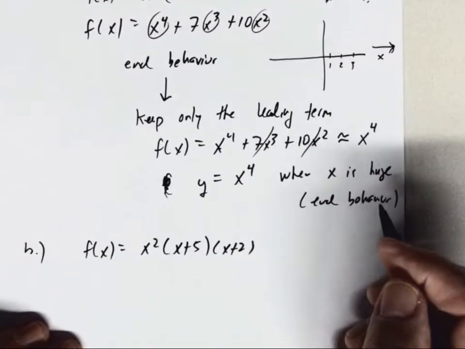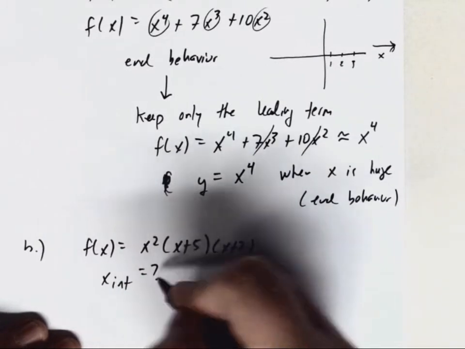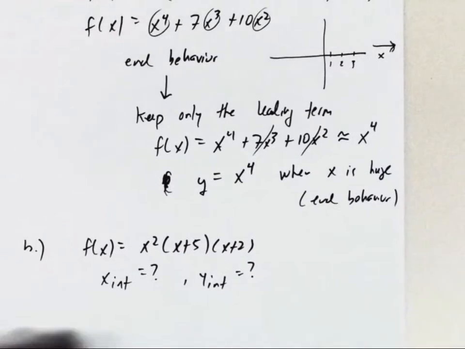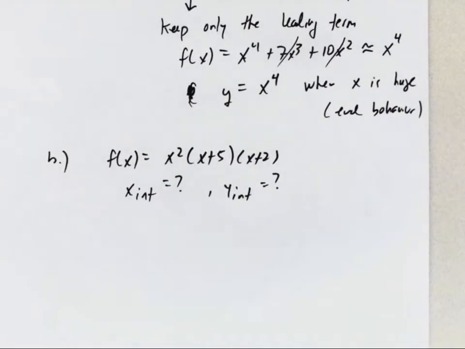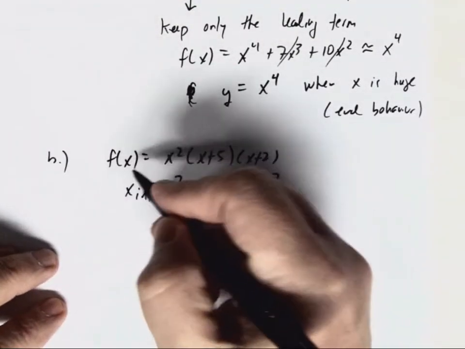Part B, they ask for x and y intercepts. Well, we've talked about that before, right? If you're given an equation or a function, how do you find the x and y intercepts? For x intercepts, you set y equal to 0.